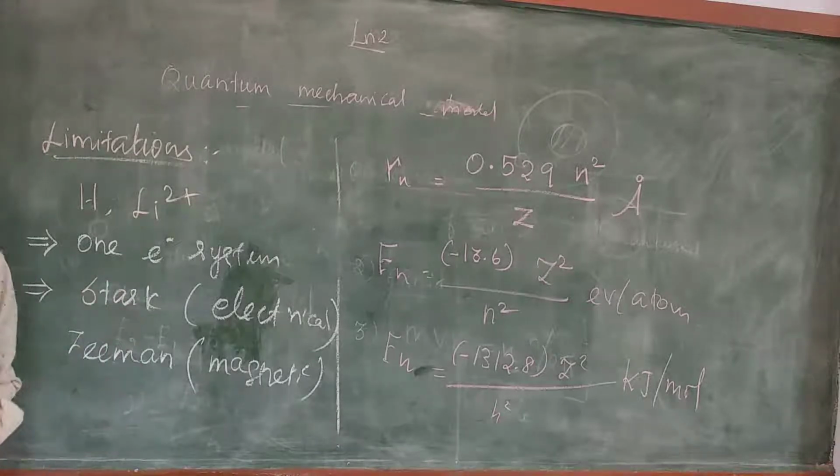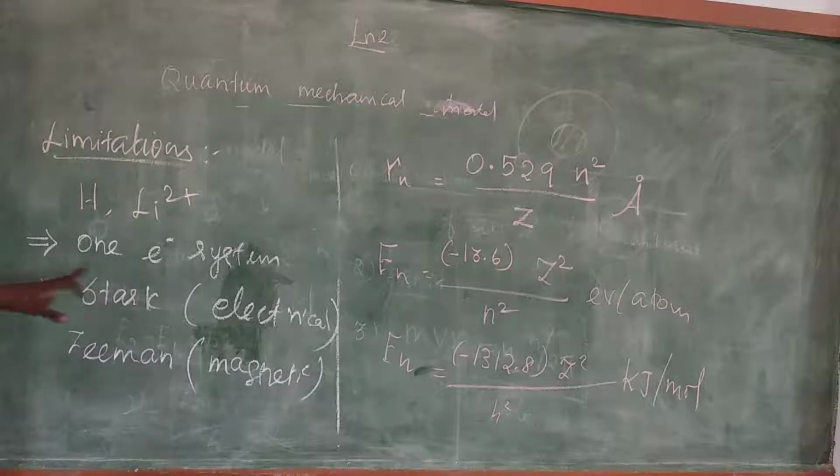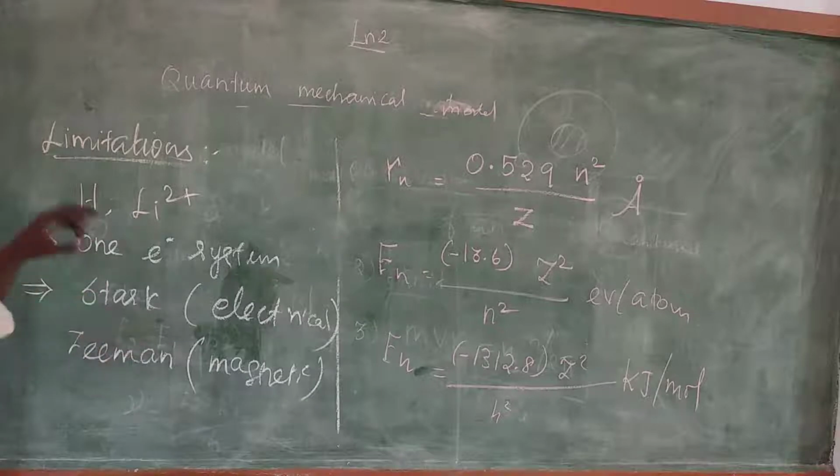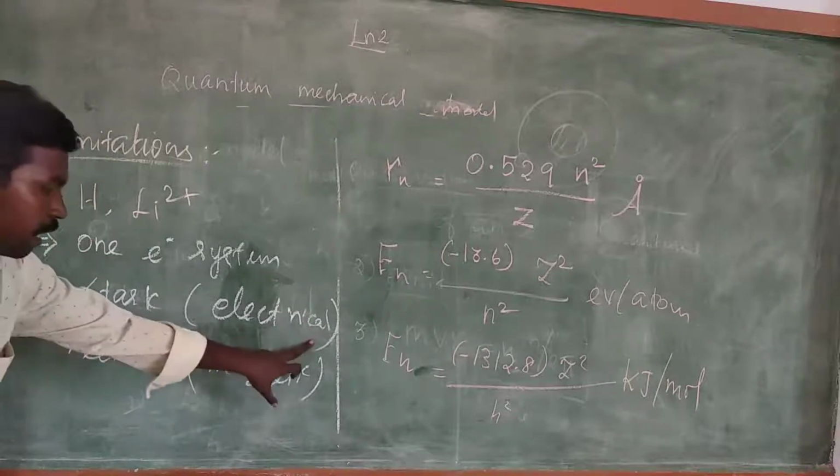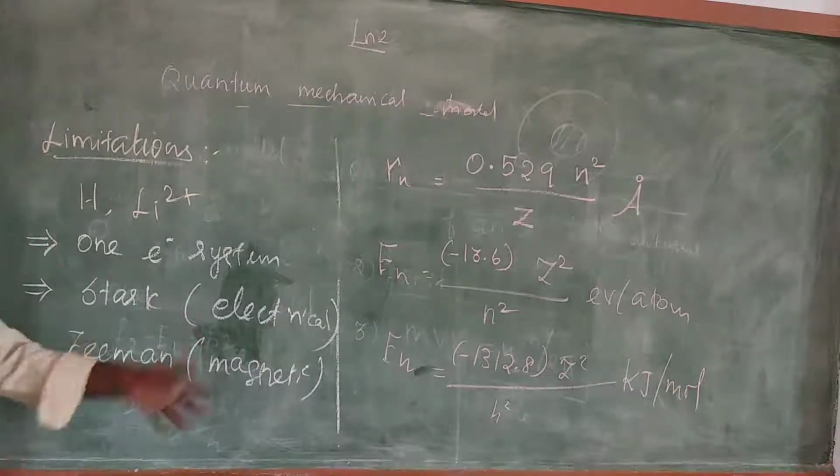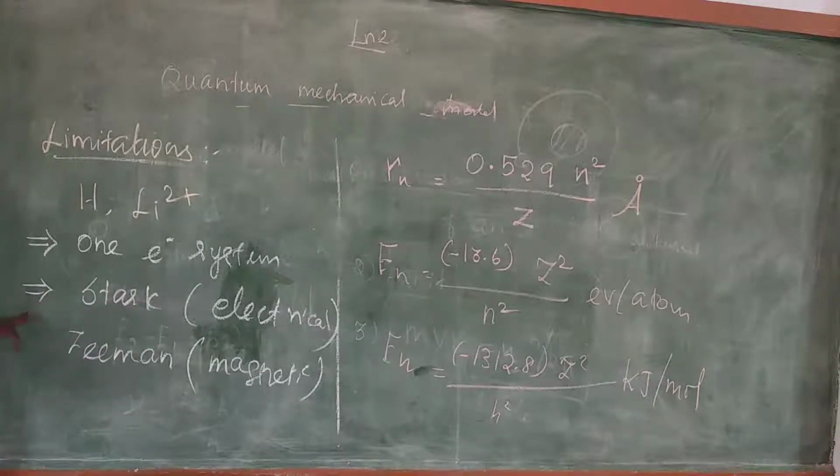That is the second limitation of Niels Bohr atomic model. The first one is it is applicable only for one electron systems. The second one is there is no explanation about the splitting of spectral lines in electric and magnetic field. Or simply we can say it did not explain Stark effect and Zeeman effect. That is the second disadvantage of Niels Bohr atomic model.